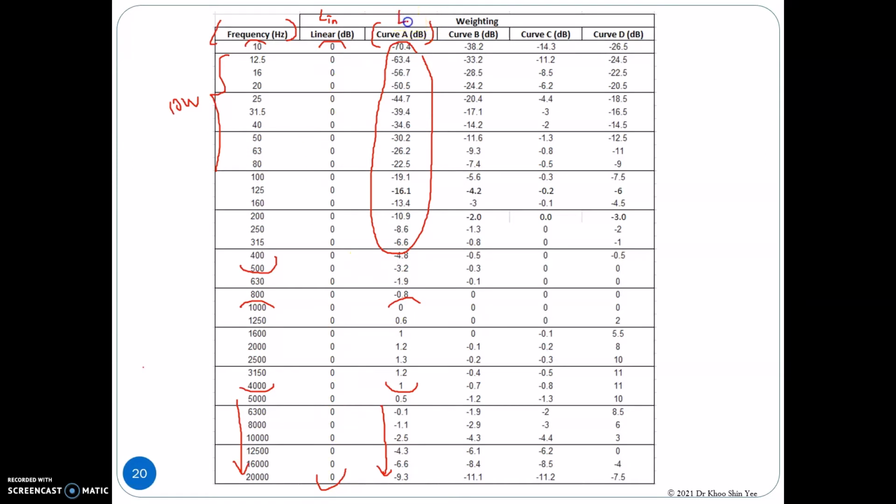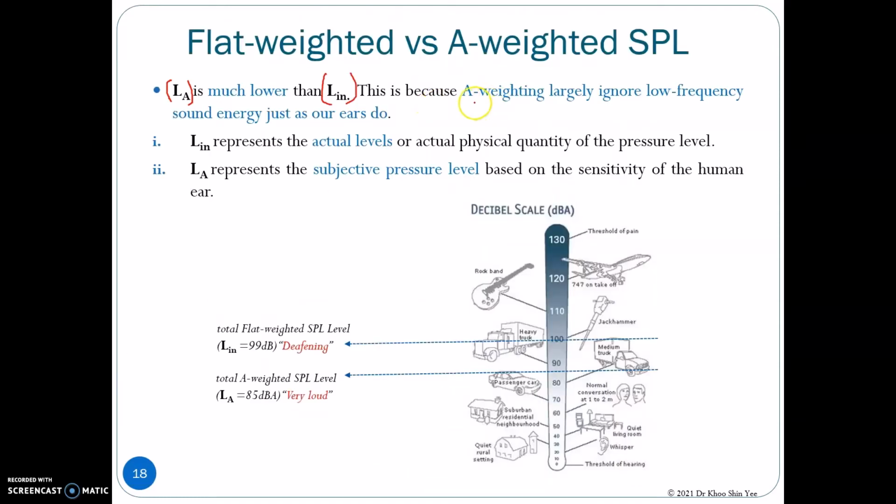However, for the LA, which is the A-weight sound pressure level, the dB value, especially the low frequency region, are significantly reduced. This is because the A-weighting mimics the human hearing response to the 40-phon loudness, which is less sensitive to the low frequency region. Therefore, it largely ignores the low frequency sound energy, just as our ears do.